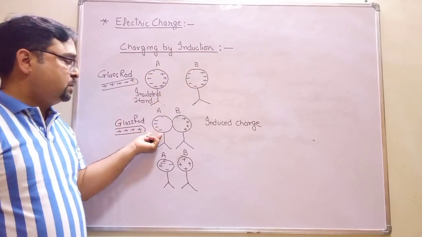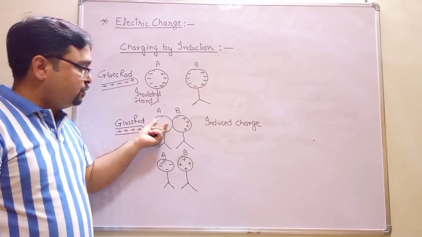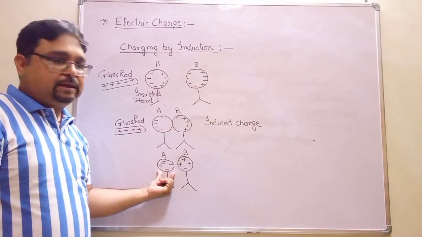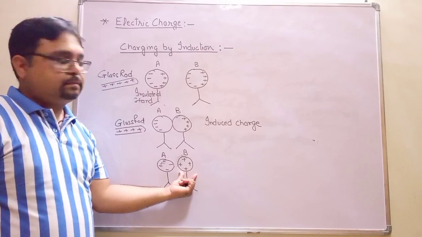So without bringing in contact this glass rod, we have induced negative charge on metal sphere A and positive charge on metal sphere B.